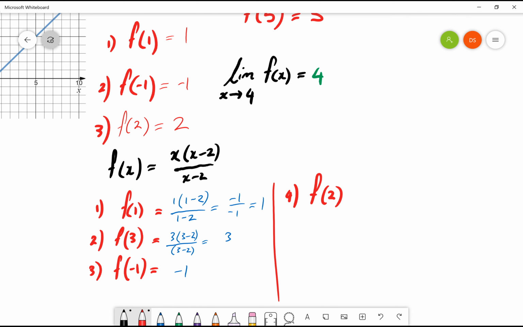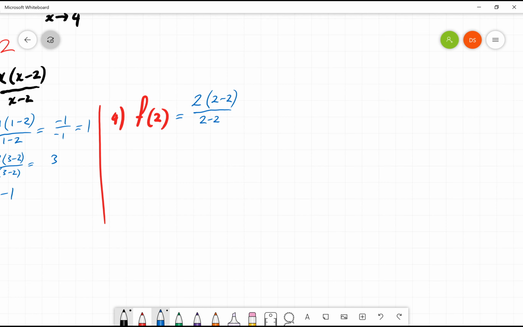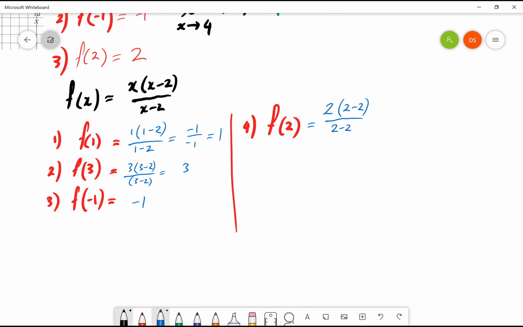What happens when I plug in f of 2? Well, check this. 2 minus 2 over 2 minus 2. Are we comfortable with this idea? This is 2 times 0.